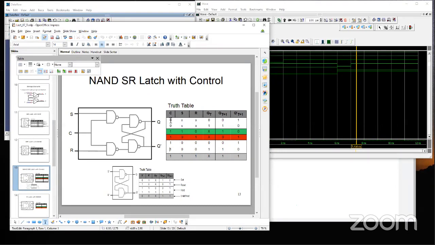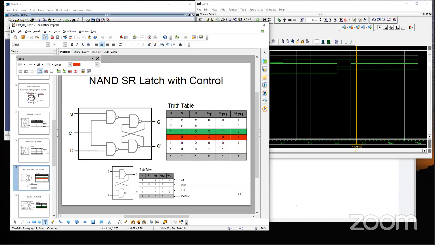And if C is 0, that is also a hold condition. Just convince yourself by putting the logic in and seeing what is going on. Only if C is 1 does the set or reset actually take effect.